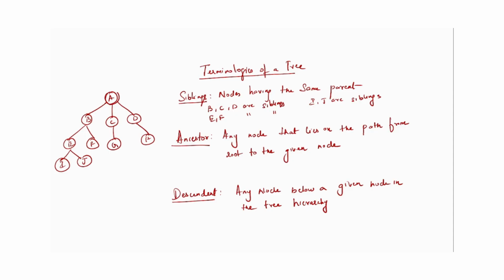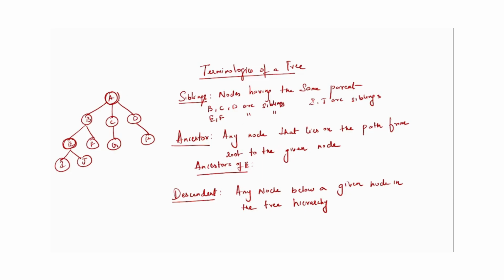Ancestor: any node that lies on the path from root to that given node. For example, if I take E, what are the ancestors of E? So the definition says any node that lies on the path from root to that given node.